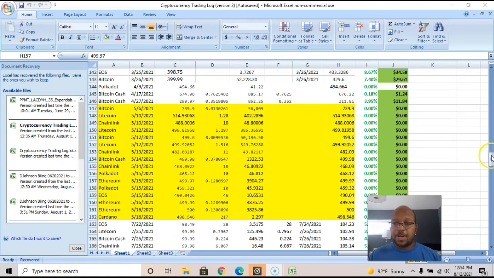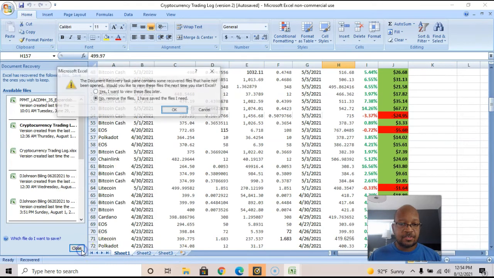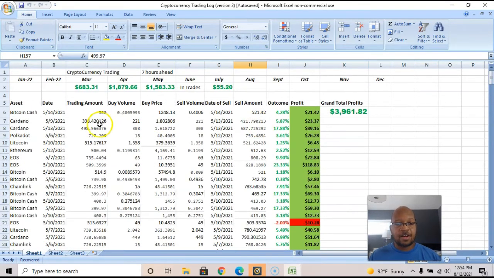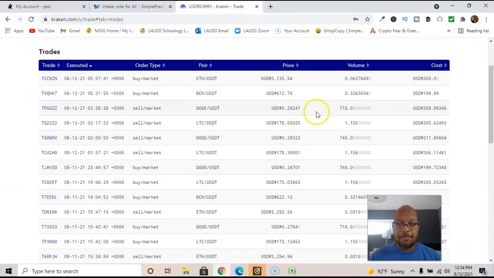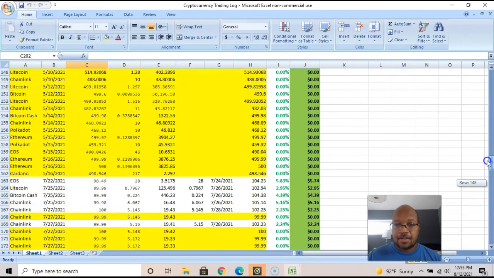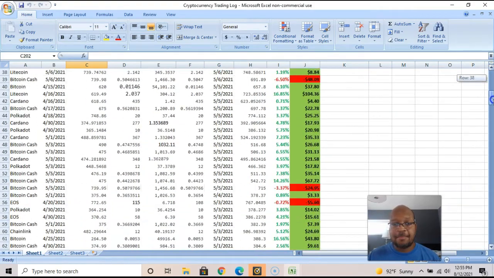Okay, so what I've done is I've created my own log, and I take that information from back here and input it into my own fields over here, and then I have it calculate the outcome by profit percentage and by profit amount. So that's how I monitor my own trades.